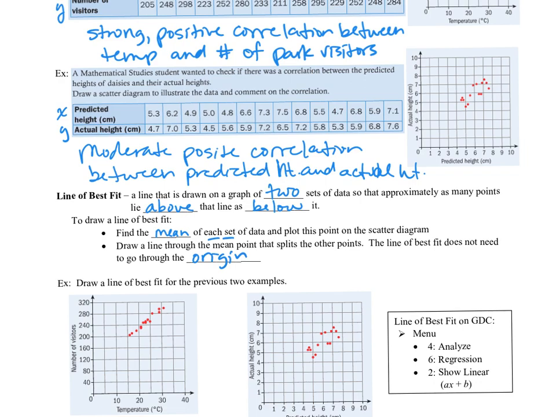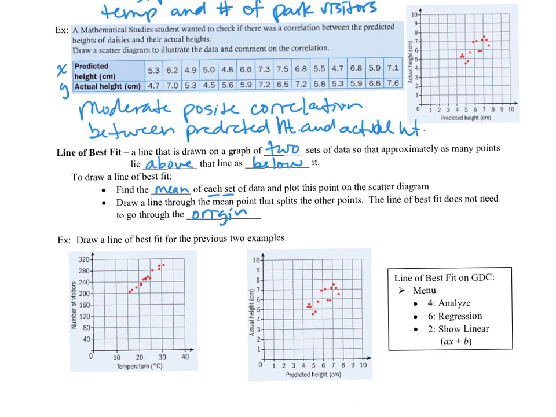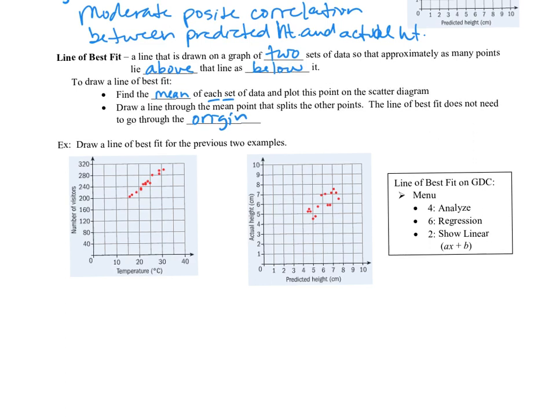So, for example, let's take a look at the last two examples, the one where we had the number of visitors versus temperature. If we were going to draw a line of best fit, we first need to find that mean point, so you need to find the mean of each set of data. We'll let the calculator do that for us, but the mean number of visitors, I'm going to use mu, is 251, and the mean temperature was 23.3.